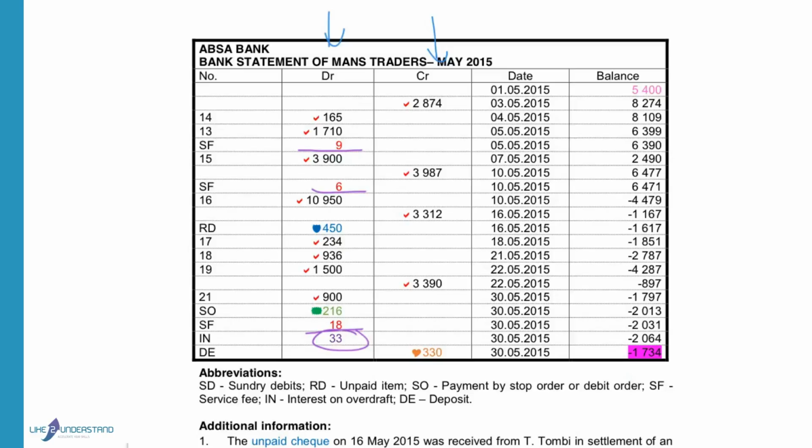If we look at the entries in the bank statement that were not ticked, there's one for 450 Rand that will go to the cash payments journal, and there's one for 216 Rand. We can't just record them because we don't know the reason for these entries. So we have to look in the additional information to determine why we have these three entries in the bank statement that were not recorded in the journals.